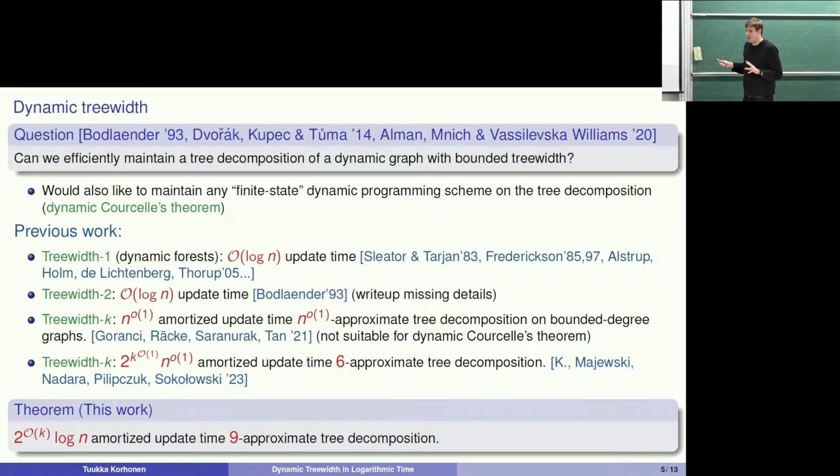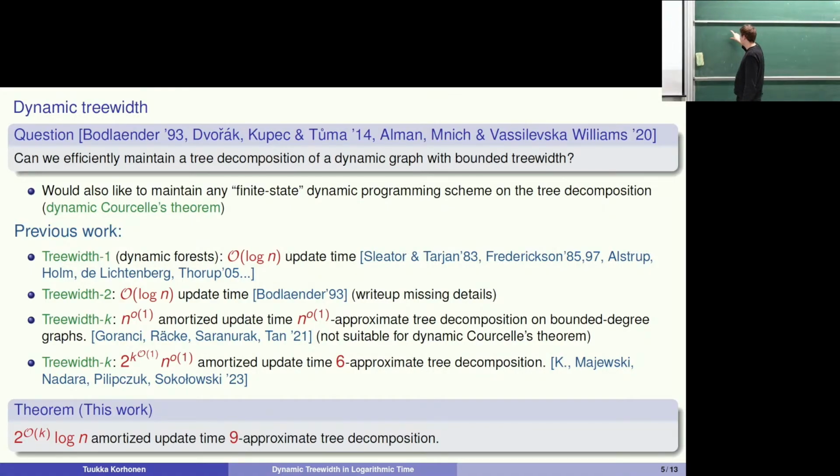So everything clear at this point? I'm curious about amortized time, right? Given a sequence of edge insertions and deletions, you're estimating the average time per operation?